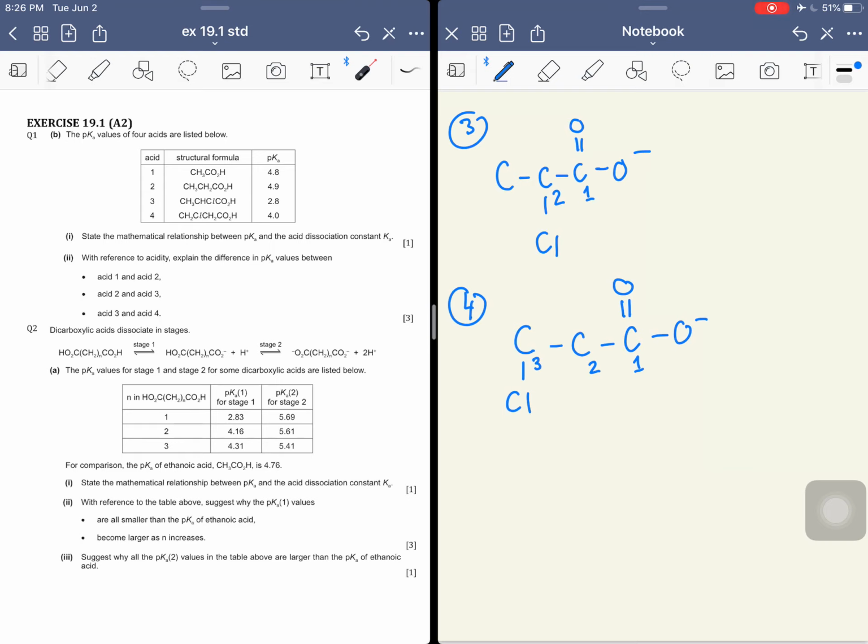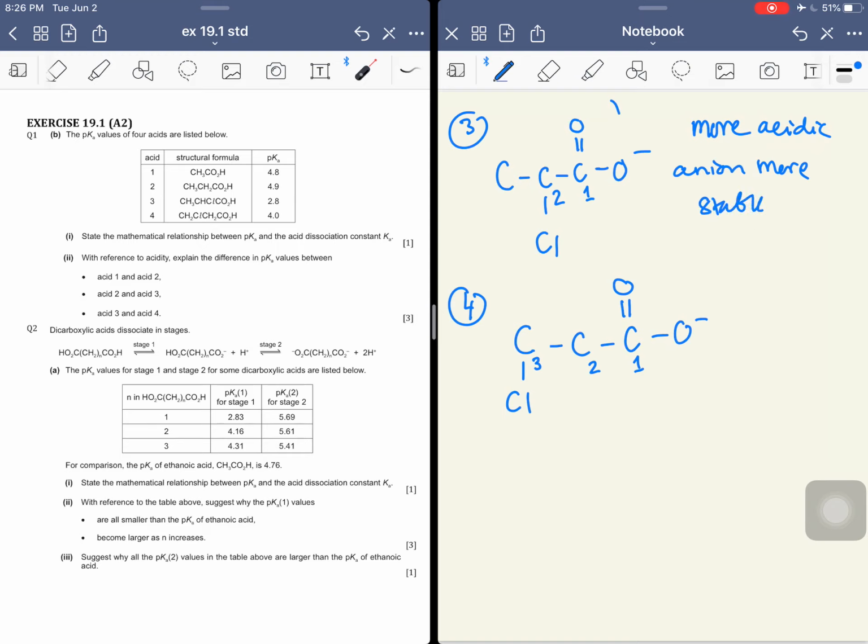Okay, the nearer your chlorine is to your COO minus, the more electron density is removed. Okay, so if you look at the pKa of 3 and 4, it says that the pKa of 3 is lower, therefore this is more acidic, hence the anion is more stable.